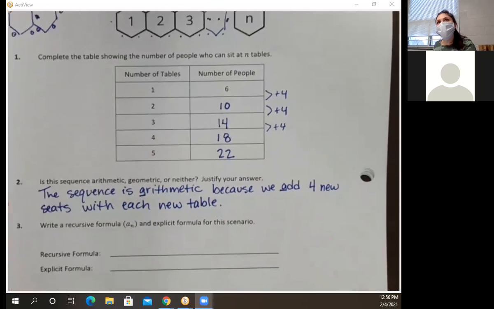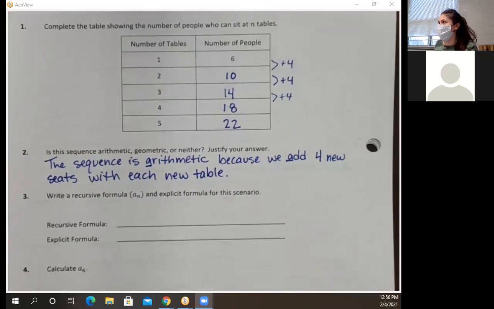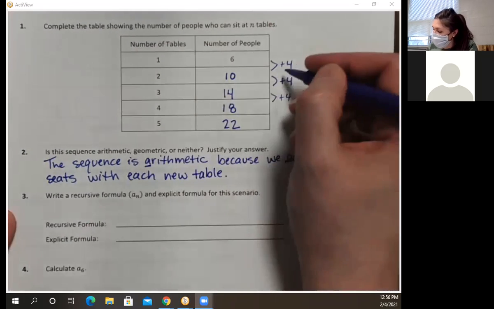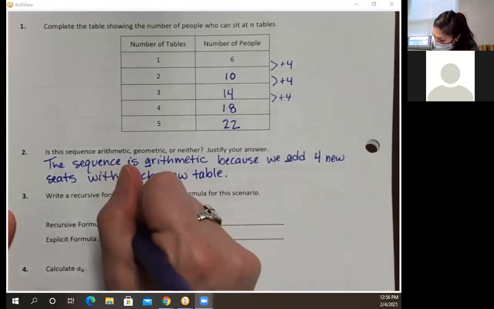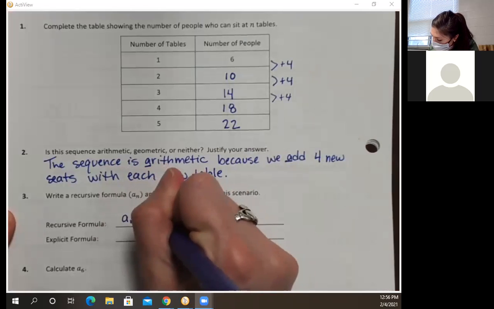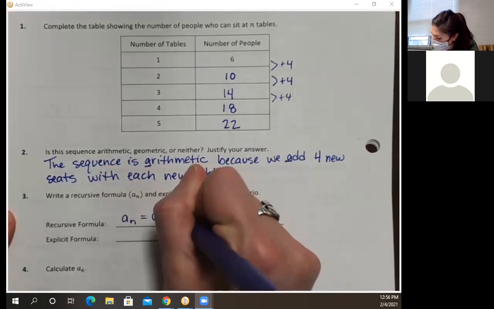So now let's write some formulas that would represent this sequence. We're going to start with recursive. Remember, recursive is the one that's based on the previous term. So our recursive formula for this sequence, since we're adding 4 each time, would be a sub n equals a sub n minus 1 plus 4.